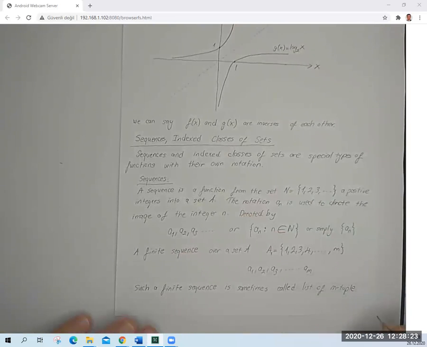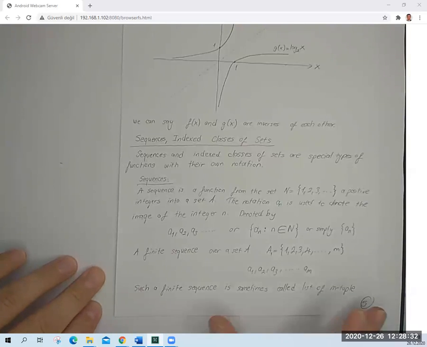Okay, this is the page 5. Okay, example, let's write some example, then jump to that one. Okay, page 6.